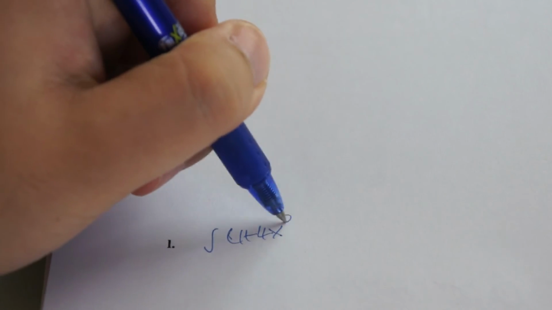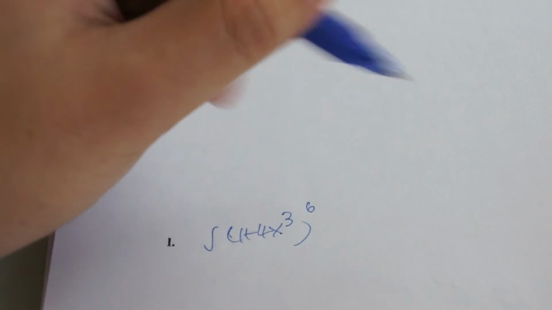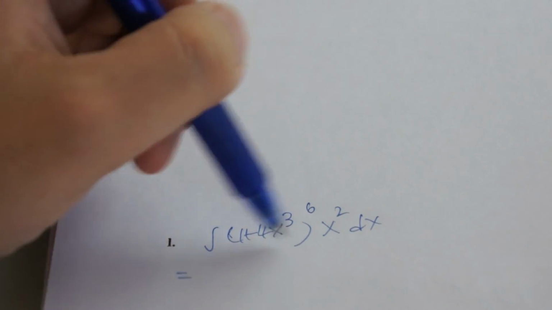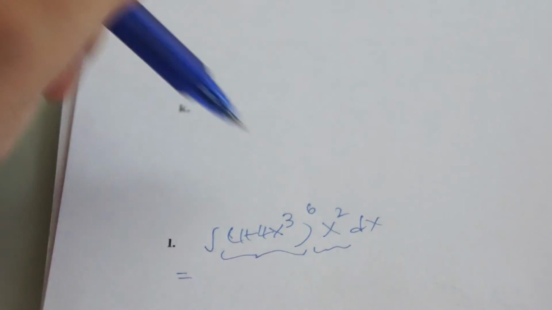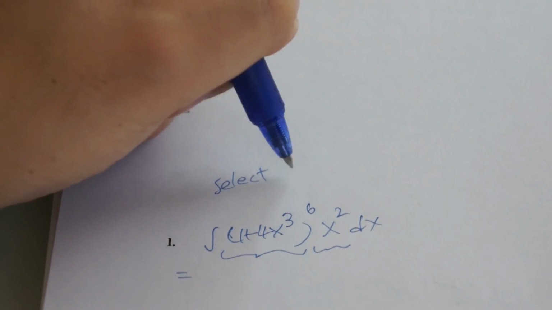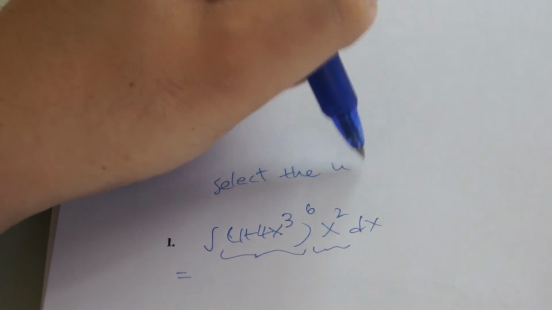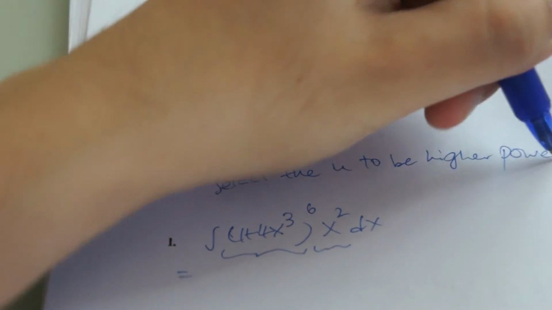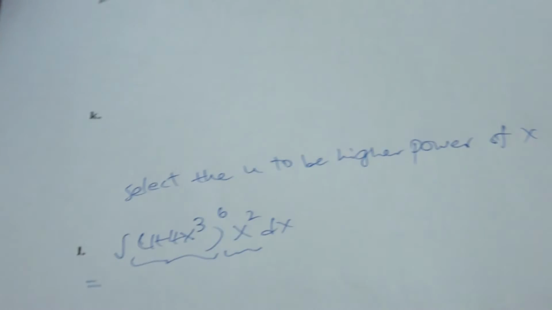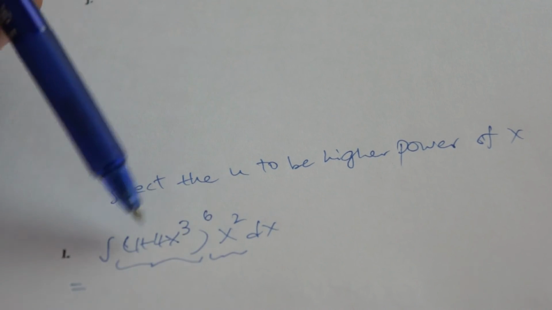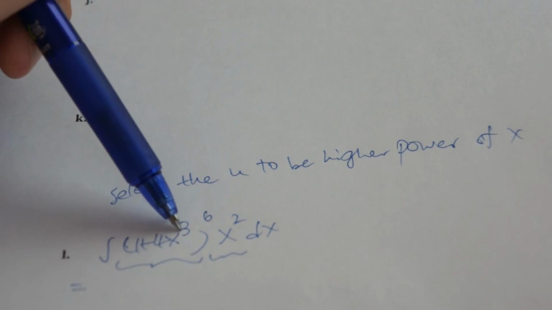Integrate (1 plus 4x cubed) to the power of 6, times x squared, dx. Now there are two functions, right? Please select u to be the higher power of x, which means we take 1 plus 4x cubed.